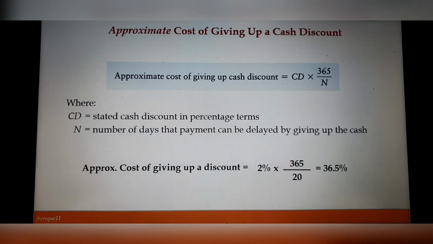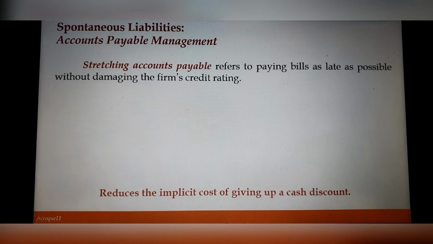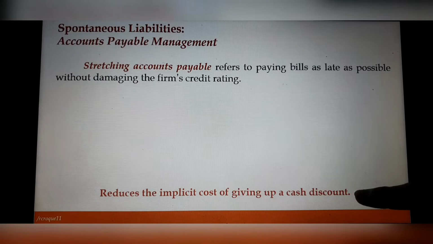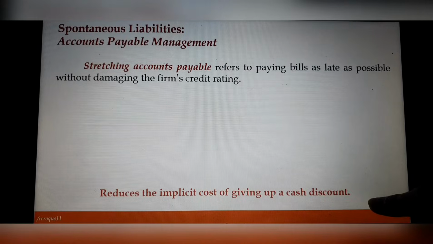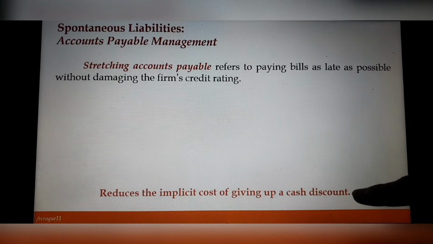Alright, earlier we wanted to stretch the accounts payable as much as possible because if we do that, we can maximize the use of our money before we pay off the obligation. And there's a note here that stretching your accounts payable will reduce the implicit cost of giving up a cash discount.